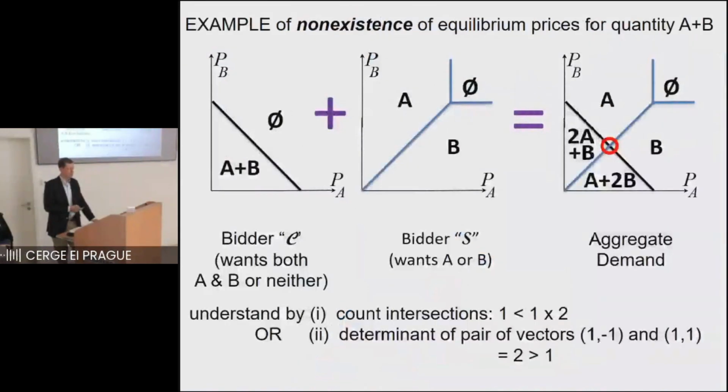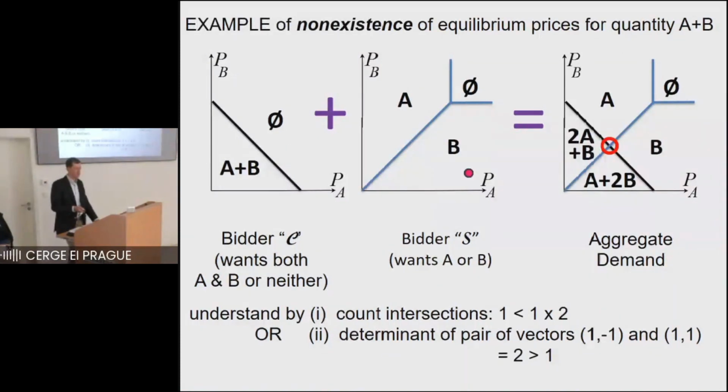I will give you a very brief taste. This is an example where there is no equilibrium, when I've got just a single apple and a single banana for sale. I've got two consumers. One is a perfect complement consumer, who, if prices are low enough, wants an apple and a banana, but if prices are higher, wants nothing.